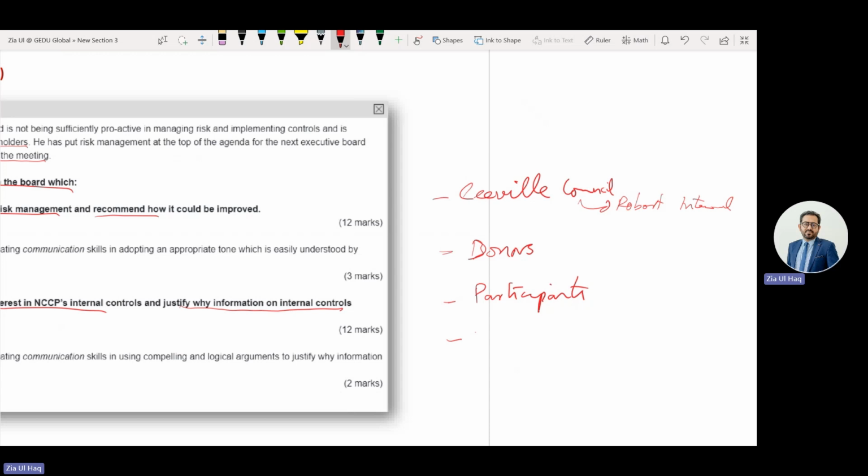Local community, then you can put. Why do they need company internal control information? Because you have your donors, you have your employees, even your participants from the local community. If you spread out your system, policies, procedures, how you are taking funds, how you are managing funds properly for a proper cause, this will provide a good message into the community, will build up even much better repute in the community.